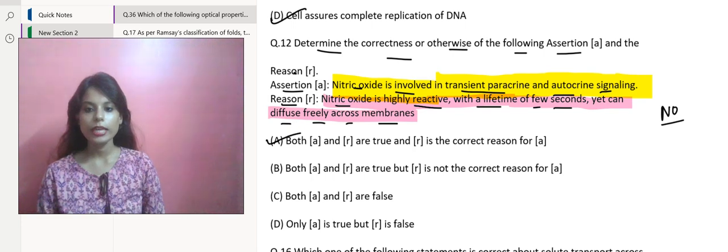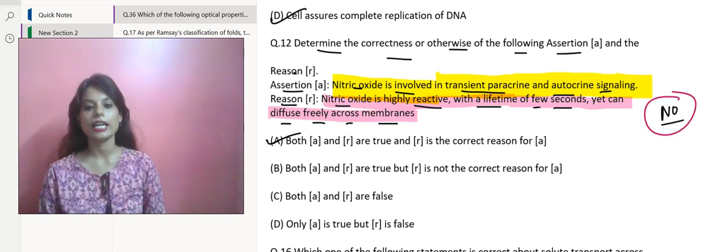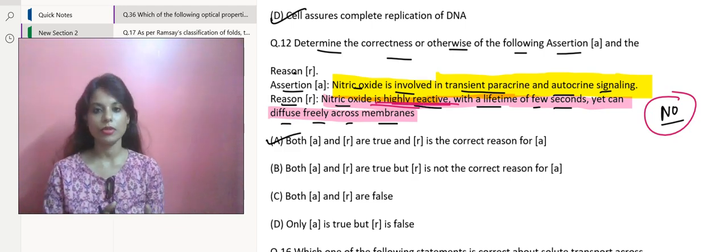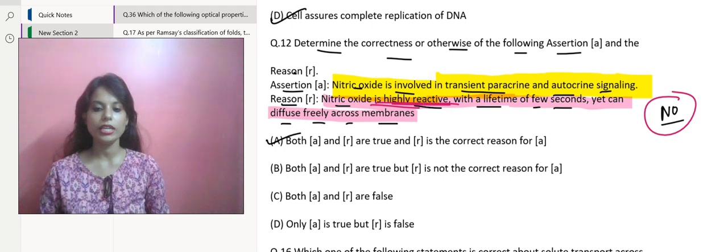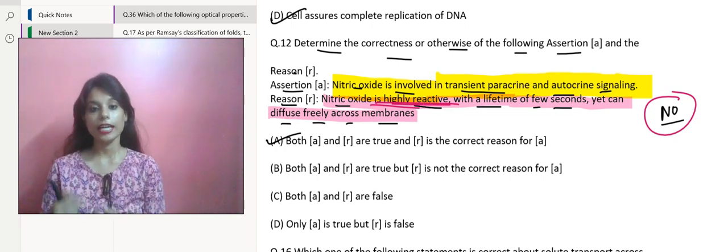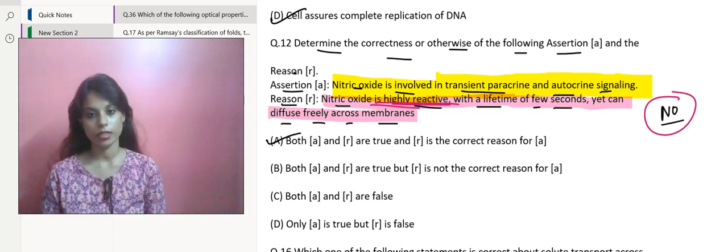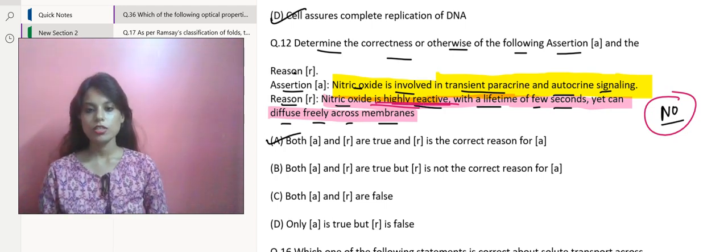So we can consider nitric oxide a highly reactive molecule with a short half-life of only a few seconds. However, its ability to diffuse freely across the cell membranes allows it to rapidly and efficiently interact with the intracellular targets, making it an effective signaling molecule. So yeah, option A would be the correct answer.